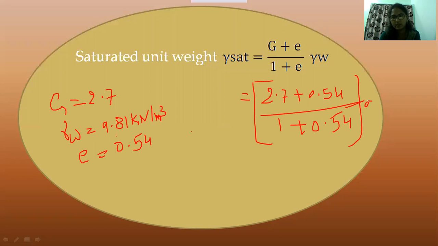Finally we get gamma sat is equal to 20.64 kilonewton per meter cube. The units are very important in our semester exam.